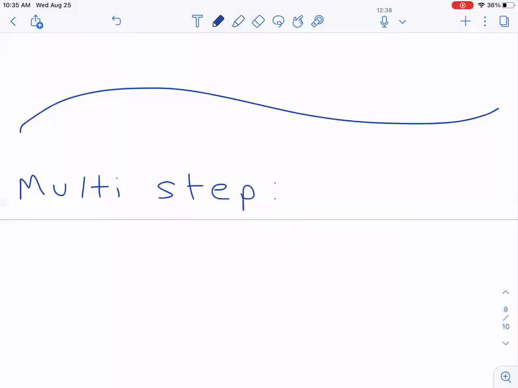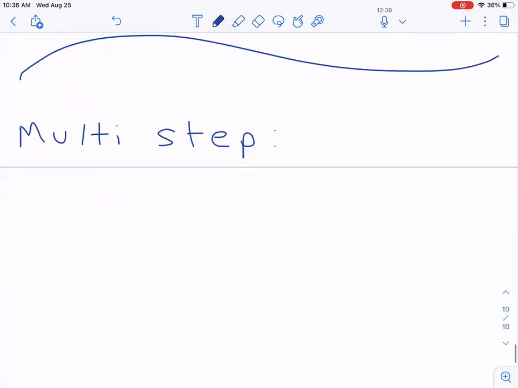All right, so the steps that we're going to take are going to be very similar to before. It's just going to take us a little bit more work to get there. So something like this would require some multi-steps. Let's say we had 3 times the quantity x minus 2, minus 2x, plus 3 is equal to negative 12.